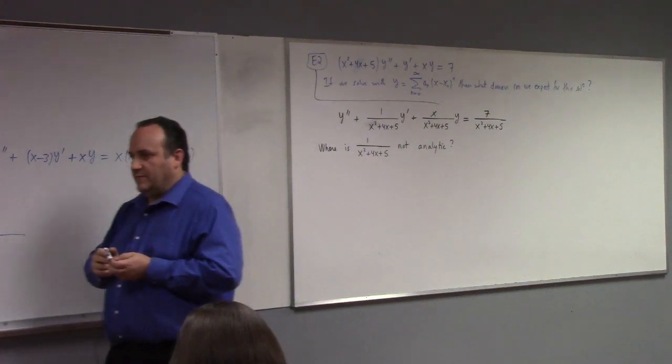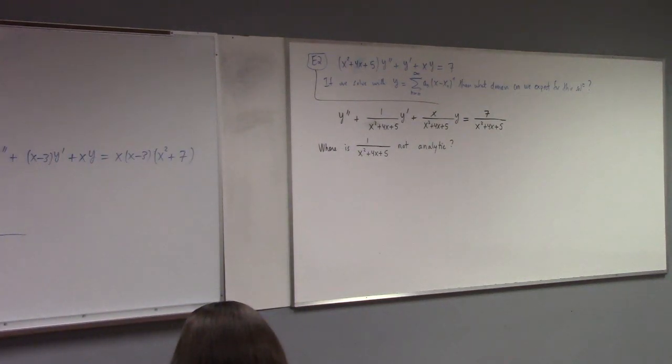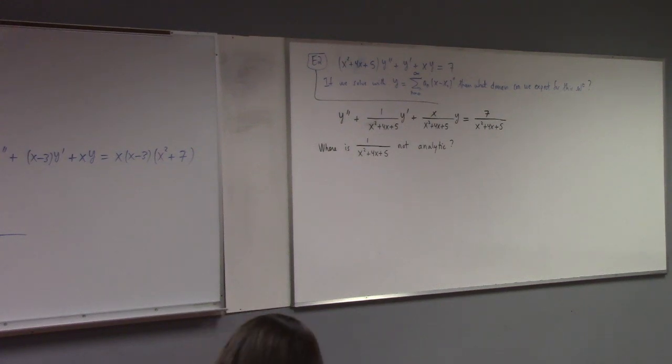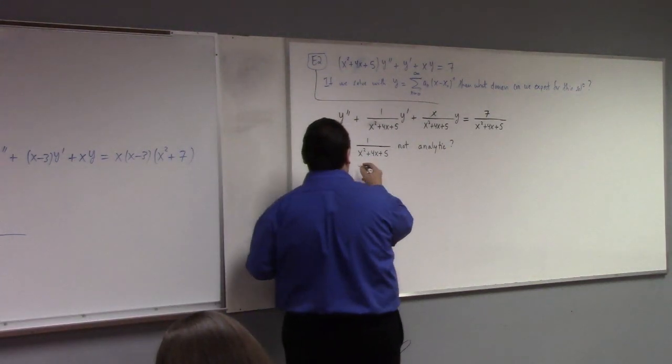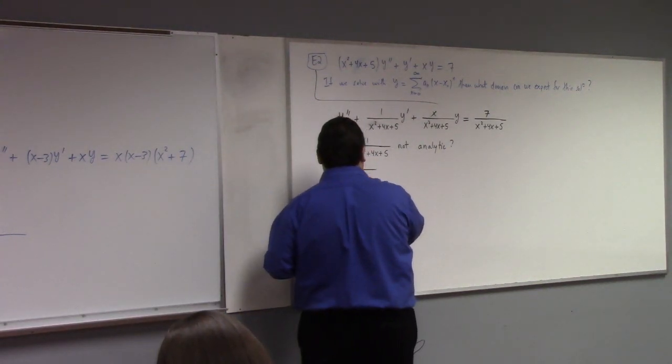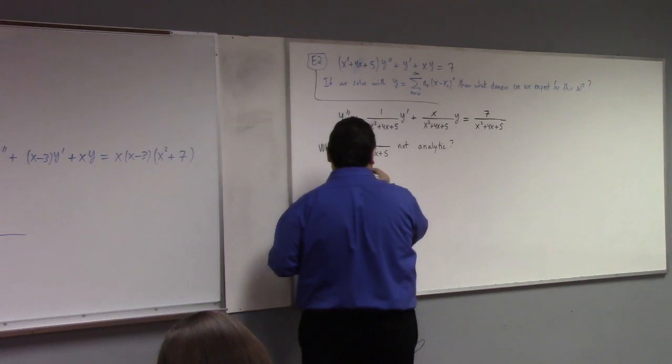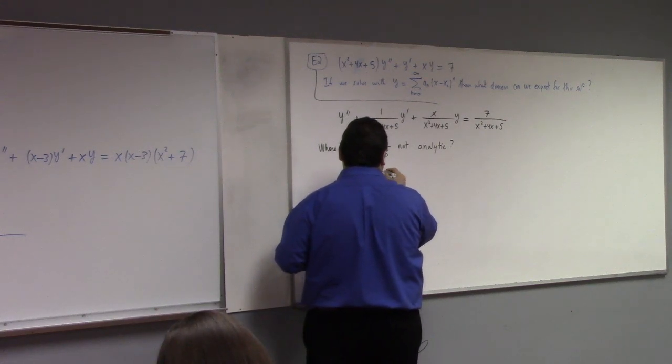And so the answer here, unfortunately, I can't help it. Sometimes real questions beg complex analysis, and this is one of those. We have to think of this as a complex function to understand where it's singular. All right? So this we can rewrite as 1 over (x plus 2) squared plus 1.